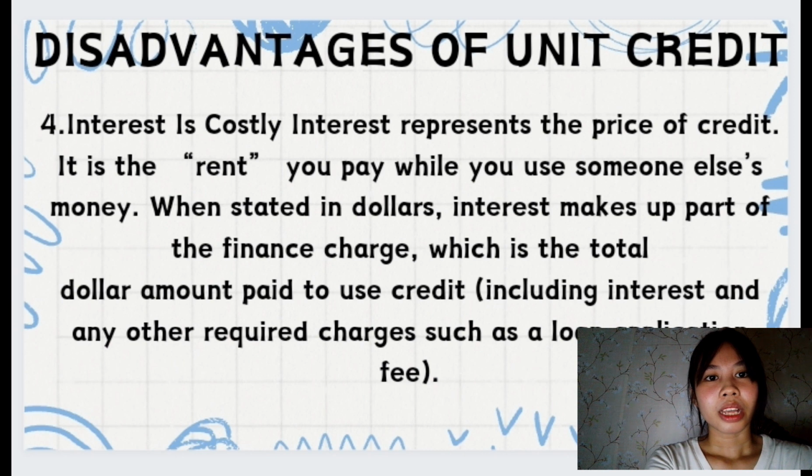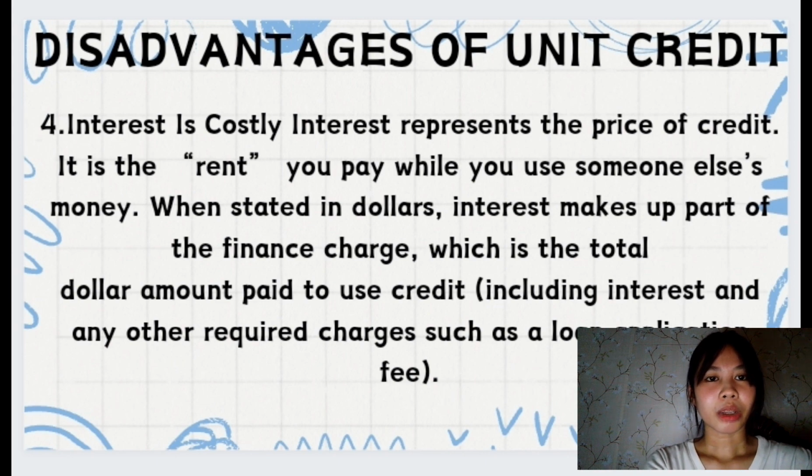The Truth in Lending Act requires lenders to state the finance charge both in dollars and as an annual percentage rate, or APR. The APR expresses the cost of credit on a yearly basis as a percentage rate. For example, a single-payment, 1-year loan for $1,000 with a finance charge of $140 has a 14% APR.